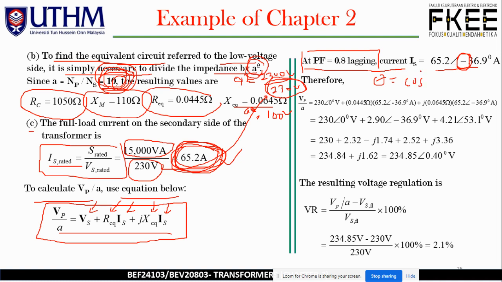Arccos 0.8, since it is a lagging condition, make sure to put a negative sign. So it is negative 36.9 degrees. Therefore, VP over a, with 230 volt at 0 angle, is the value of VS.